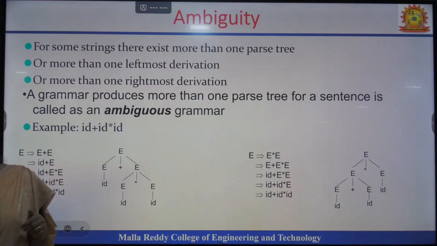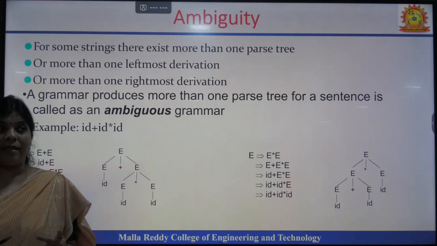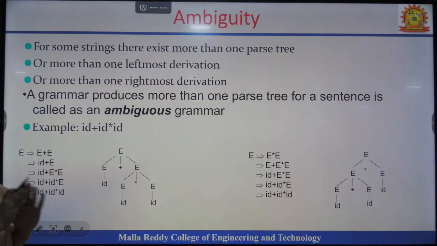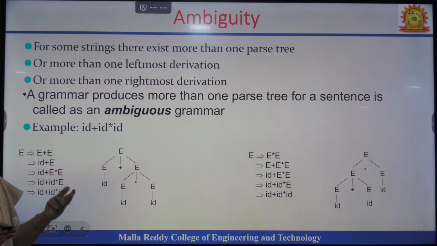But if we are able to generate more than one parse tree using only leftmost derivation, then it is called the ambiguity problem.